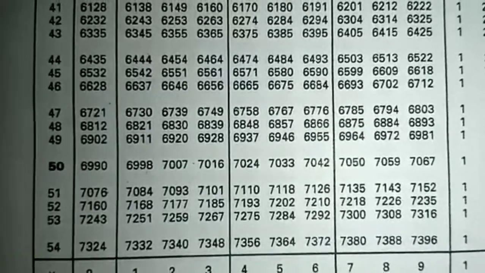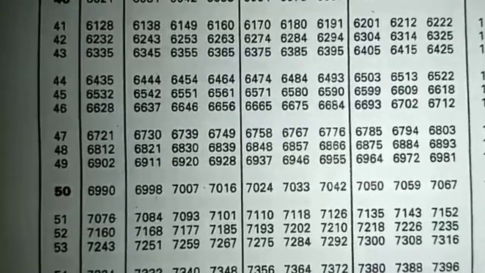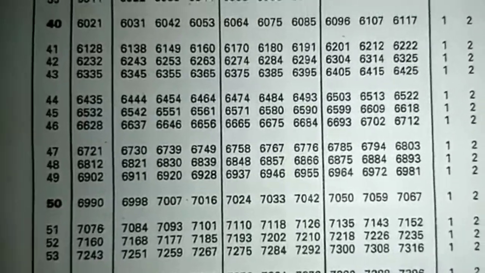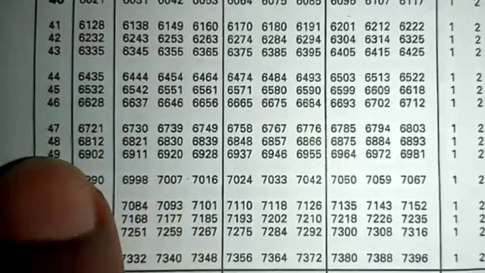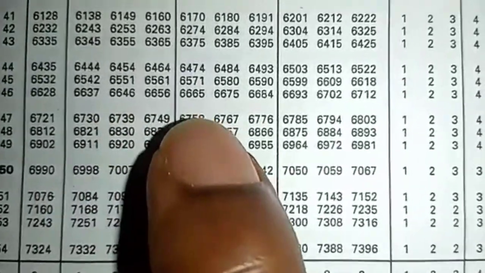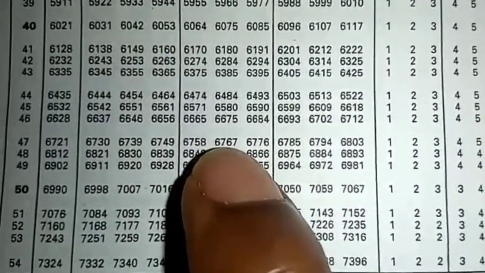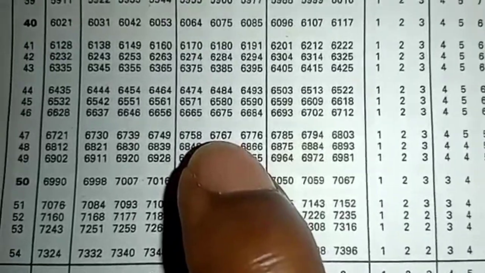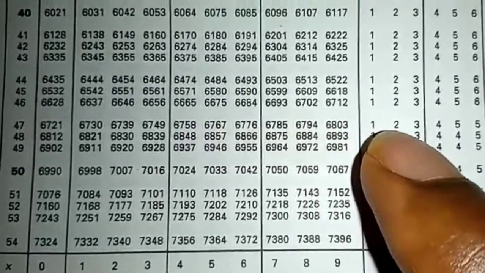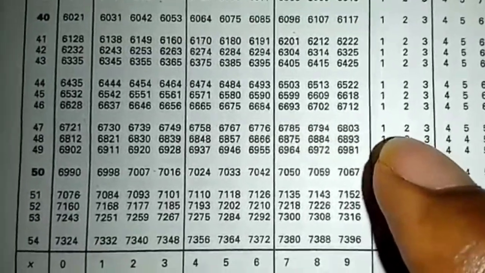Now to find the fraction part for the logarithm of 0.4752, all I need to do is 47 under 5, difference of 2. This 47 here, under 5, 0, 1, 2, 3, 4, 5. I have 6767. Difference of 2. 1, 2. That is 2. So I'm having 6767 plus 2.